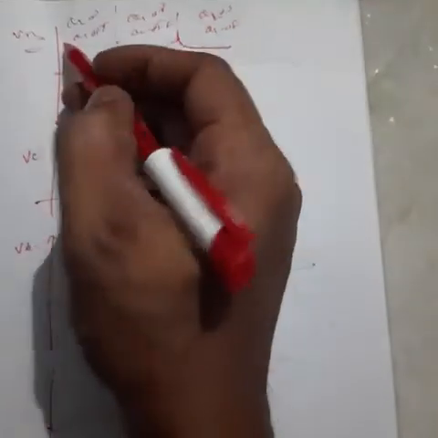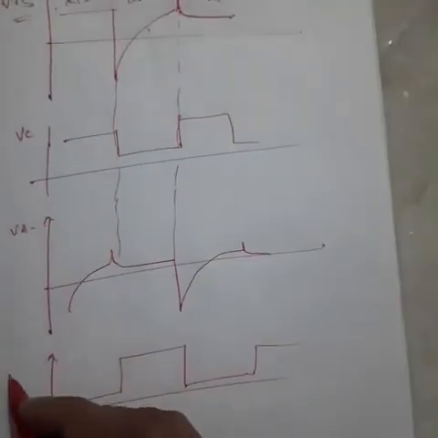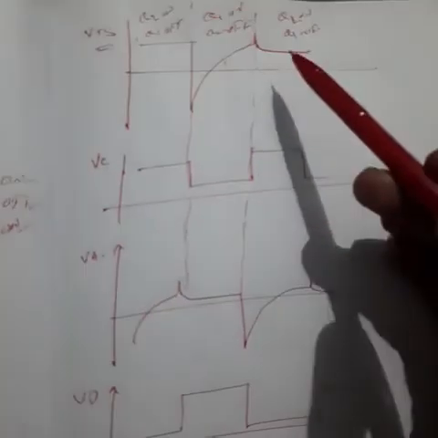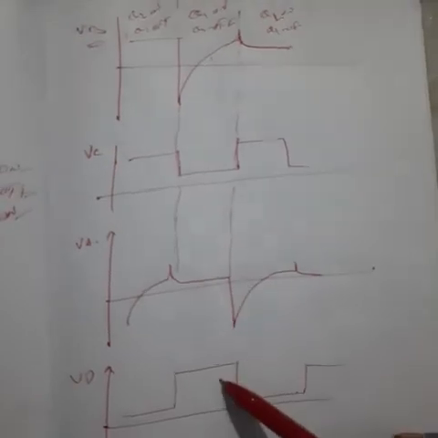This is at Q2, this is at Q1, VA and VB. These two waveforms are quite opposite.